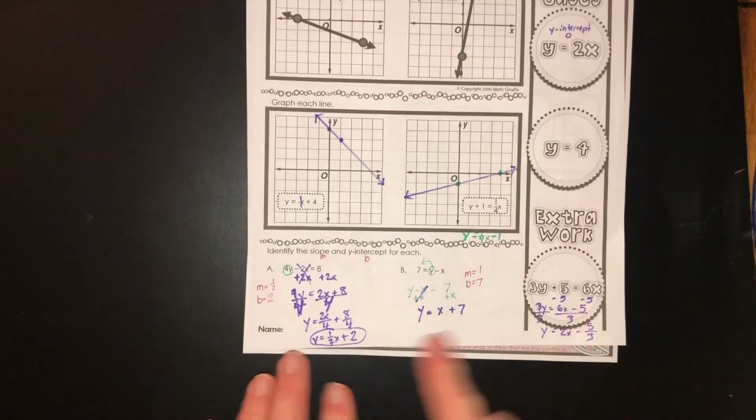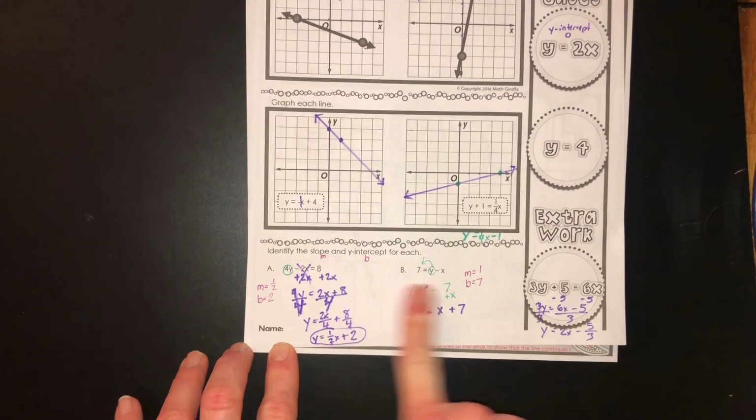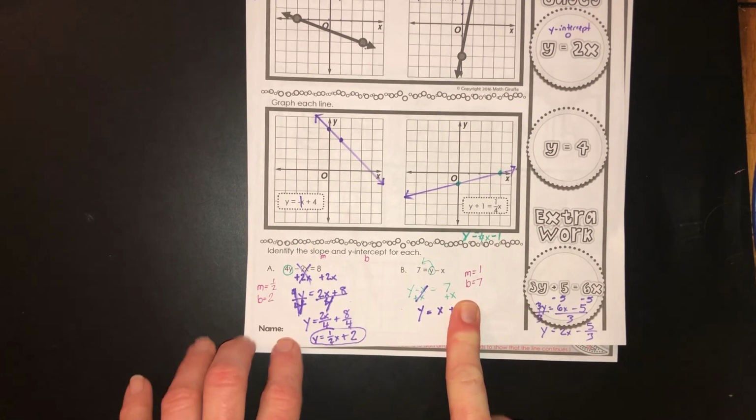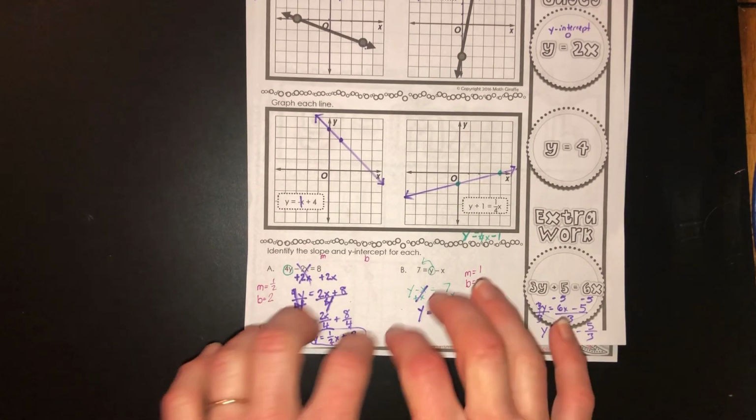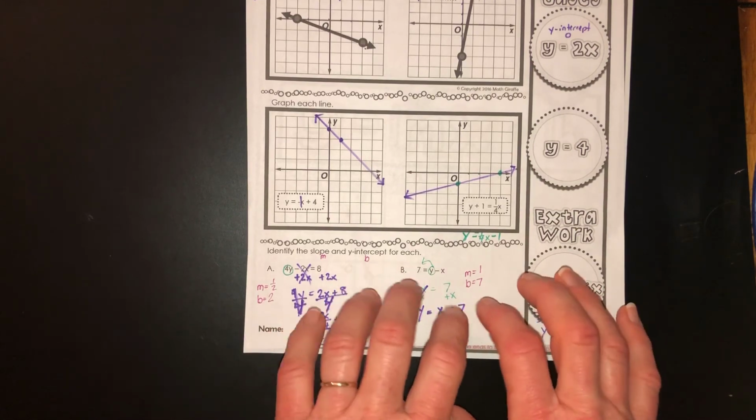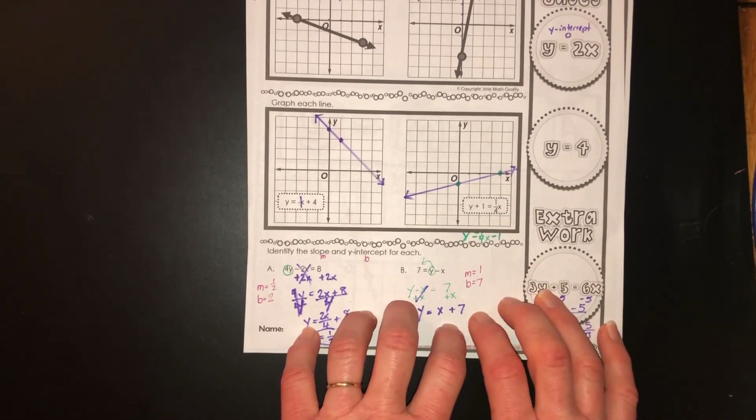Don't be too caught up on the equations and how to get them in the right form. That is something that we're going to be working on. In fact, this week I'm starting lessons on two-step equations. And these were actually two-step equations, I think. So anyhow, don't be concerned if that was confusing. I'm not worried about that.